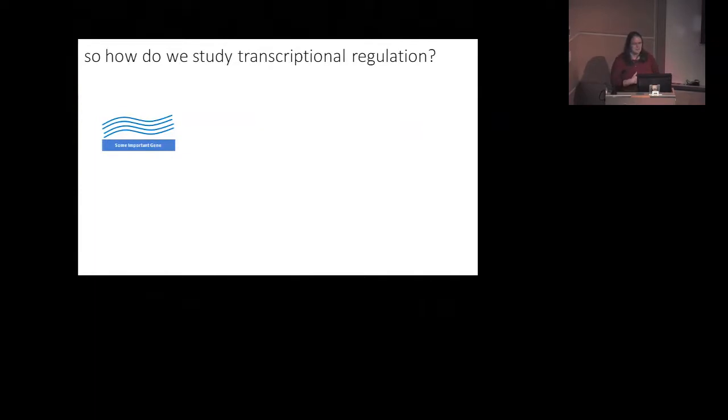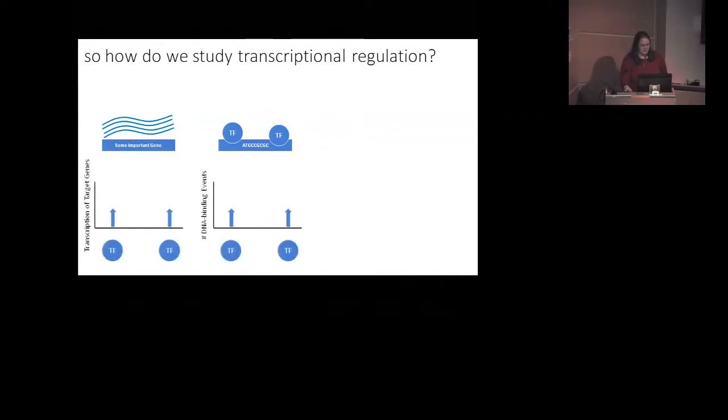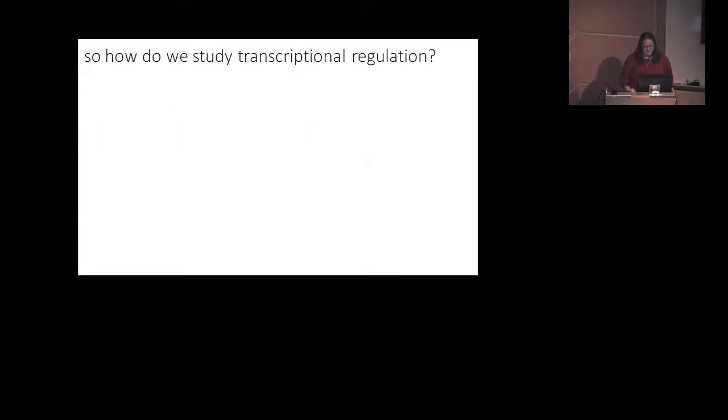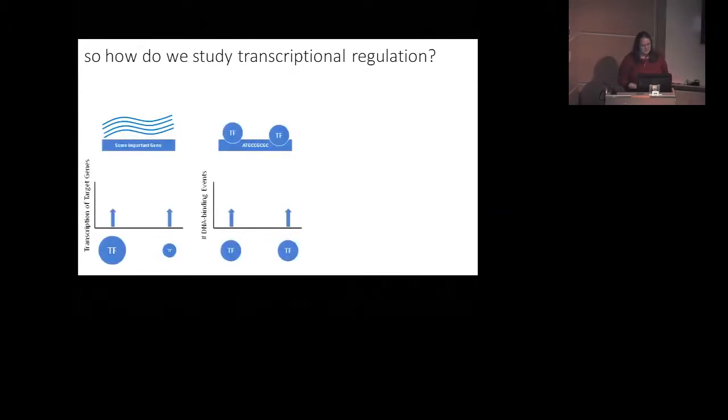And so we can study transcription through things like RNA-seq or microarrays, or we can study transcription factor binding through processes like ChIP. And typically, to understand where a transcription factor binds and how that modulates transcription, we're going to take our favorite transcription factor, and we're going to either overexpress it or knock it down, and then ask how these changes influence that expression.